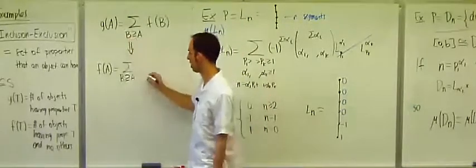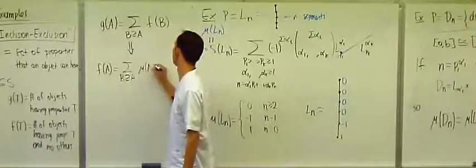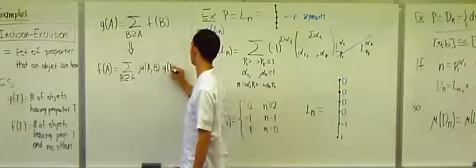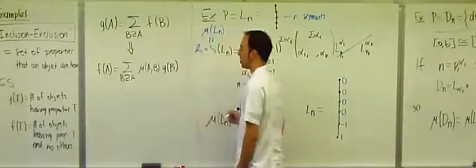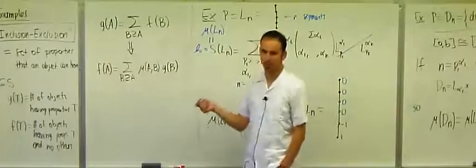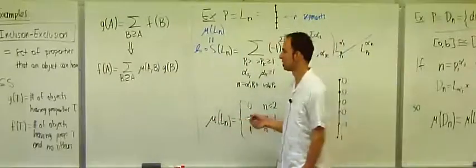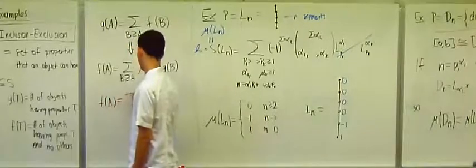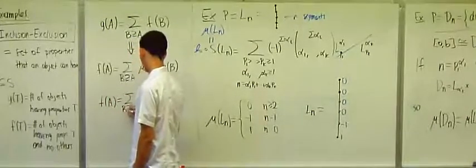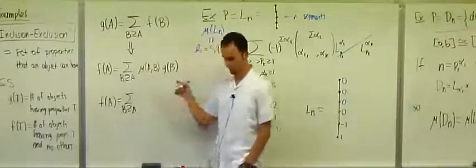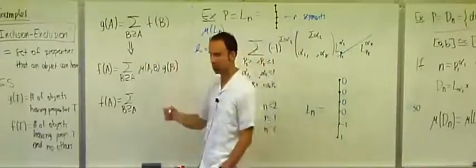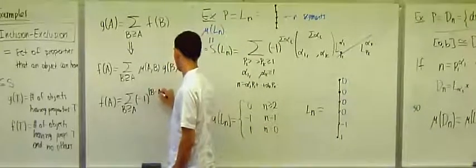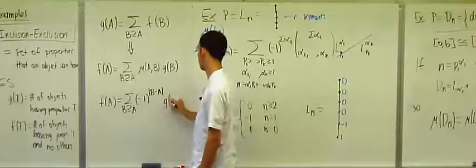And so I apply Mobius inversion, and I get this. Okay, and this is something that can be simplified because we already computed the Mobius numbers of the Boolean poset. We know that this is just -1 to the something, right? It's -1 to the B minus A times g of B.